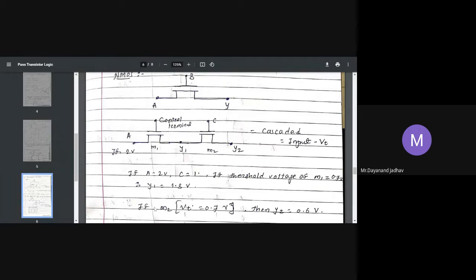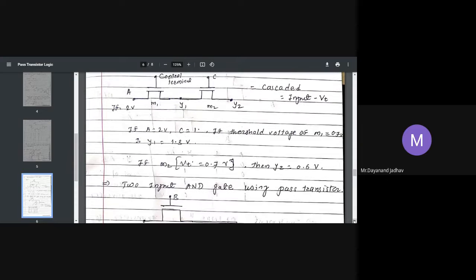If M2 has Vt which is equal to 0.7 volt, Y2 which is equal to 0.6, just like that. In the general form, we had discussed 5 volt, 4 volt, 3 volt, 2 volt for Vt, that is threshold volt, which is equal to 1 volt.